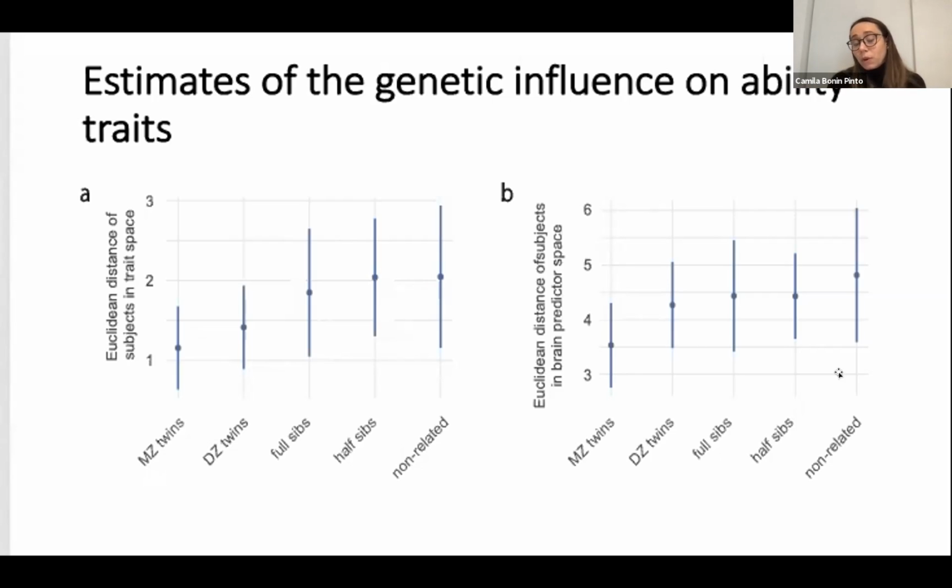The same thing in the brain space: when we measure the distance between monozygotic twins and compare with dizygotic and full siblings, we see the same trend, also for the connectivity between these large brain networks. It's more similar when you have a closer genetic background.